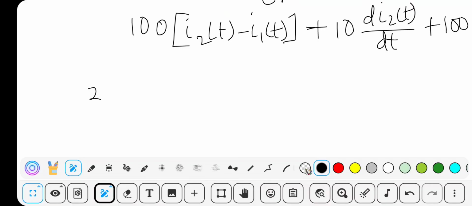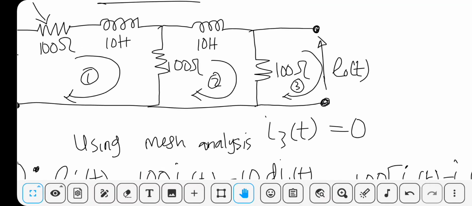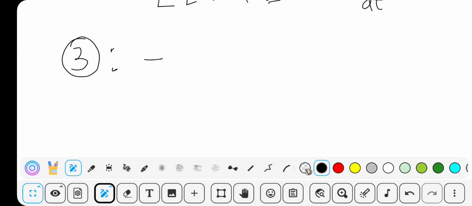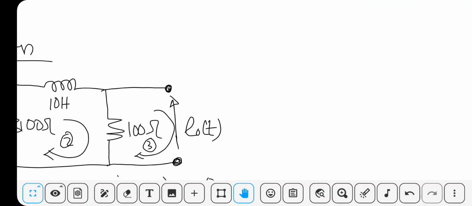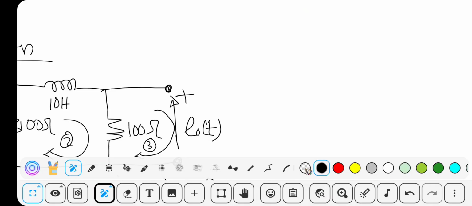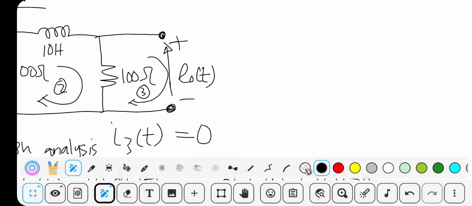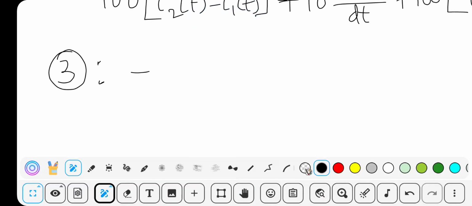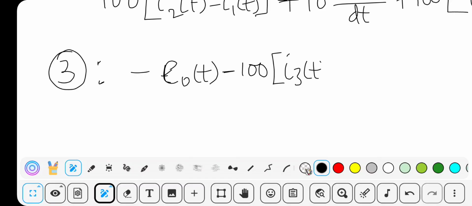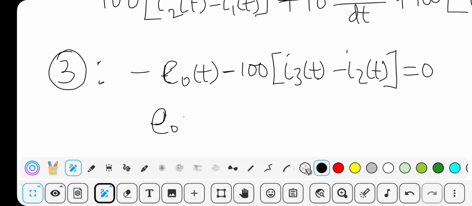For mesh 3, do the same. Assuming a positive and negative polarity, this should be minus 100 times I3(t) minus I2(t), which is equal to 0.